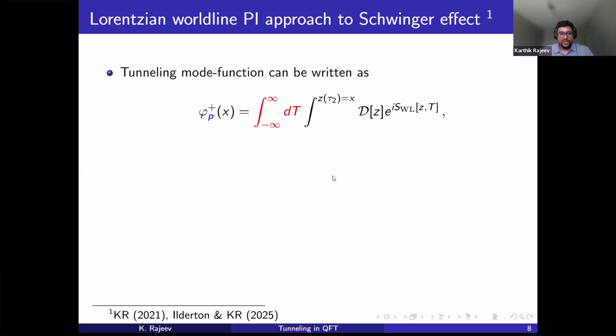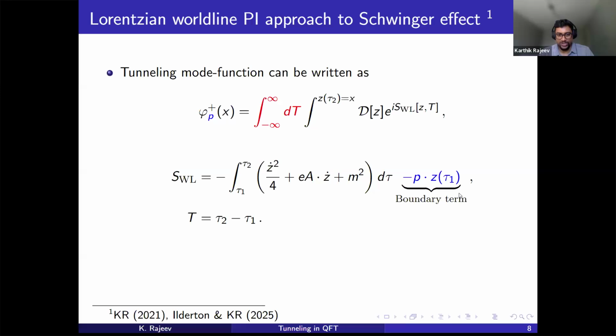So the idea is to start with a path integral of this form for the wave function. The wave function has an argument, and that argument is one of the boundary conditions in the path integral. And there is also the momentum which is specified that will also be the boundary condition in this path integral.